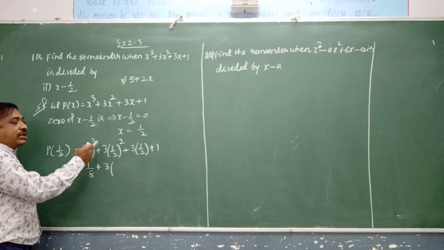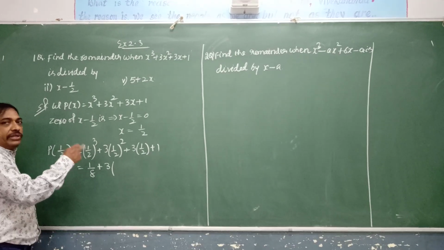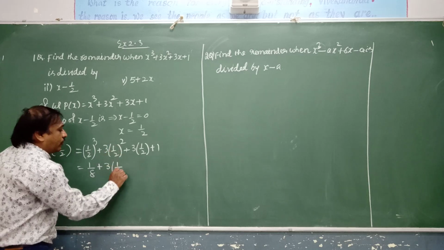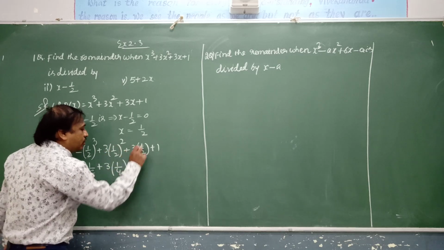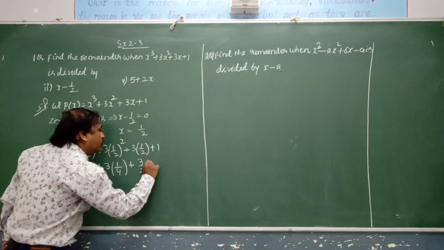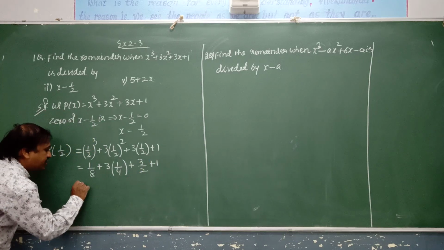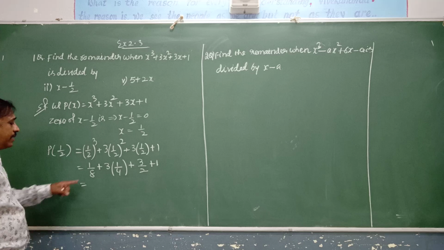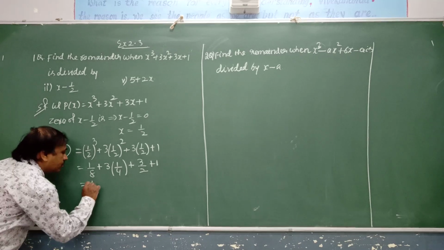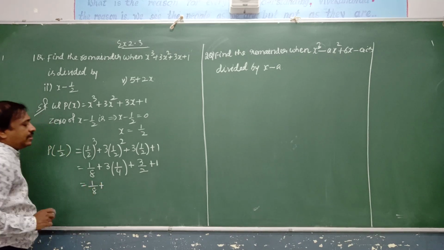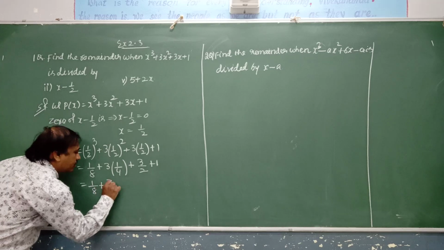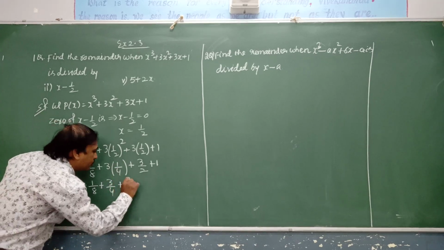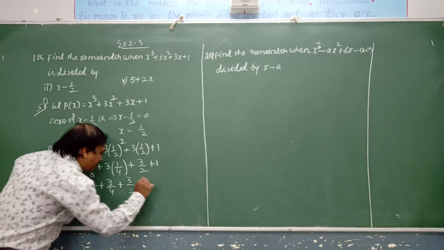So 1 into 1 into 1 is 1, and 2 cubed, 2 into 2 into 2, is 8. Plus 3 into 1 by 2 square, which is 1 by 4, plus 3 into 1 by 2, plus 1, which is equal to 1 by 8 plus 3 by 4 plus 3 by 2 plus 1.